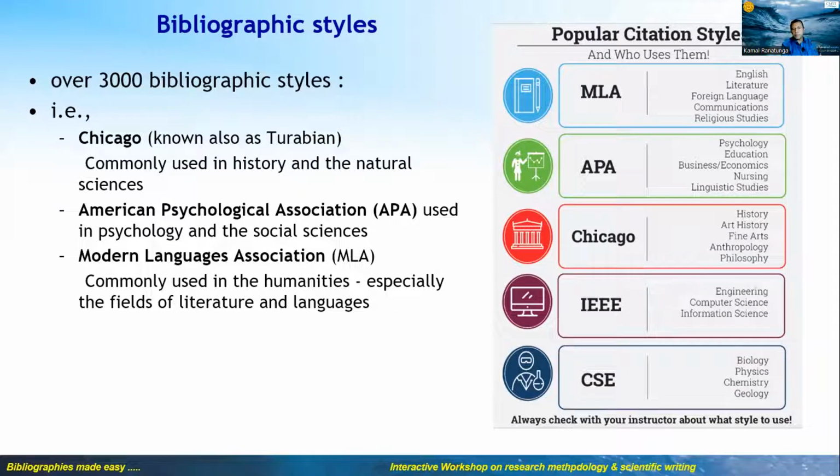So if the bibliographic style is not highlighted, if they haven't mentioned which style to be used, then you can use your own style, or I mean not your own style, but your preferred style. And the most important thing here, be consistent, right?